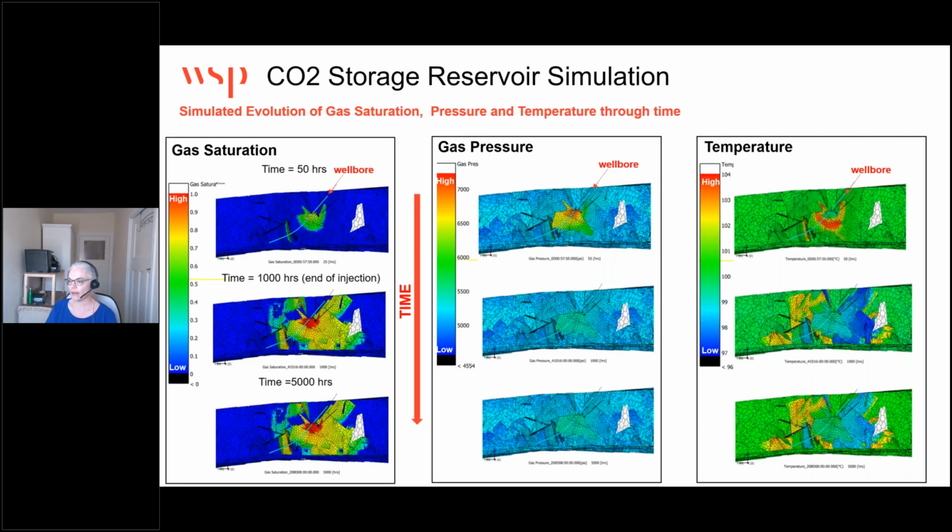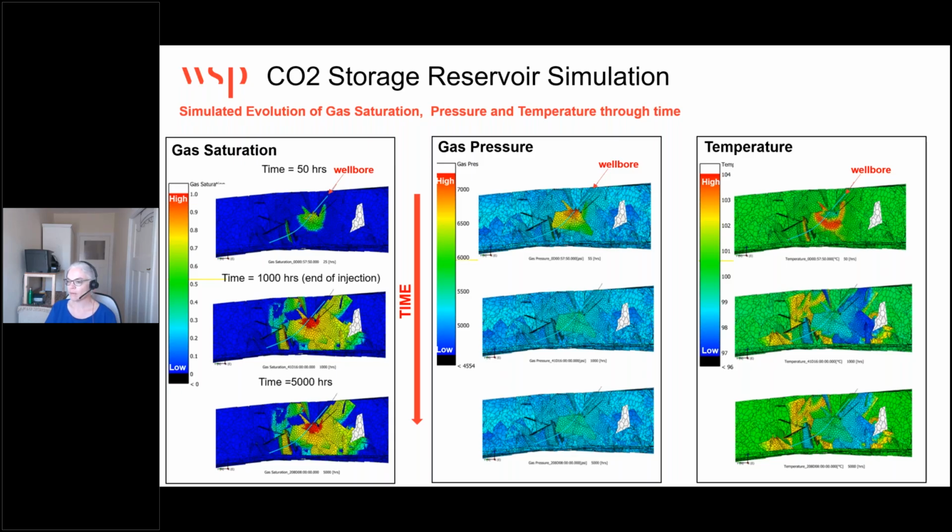From the example shown here, we can see the evolution of gas saturation on the left, gas pressure in the middle, and temperature on the right, taken at different intervals through time after injection. So at 50 hours, 1,000 hours, and 5,000 hours. The blue color indicates low values, and red indicates high values of each property.